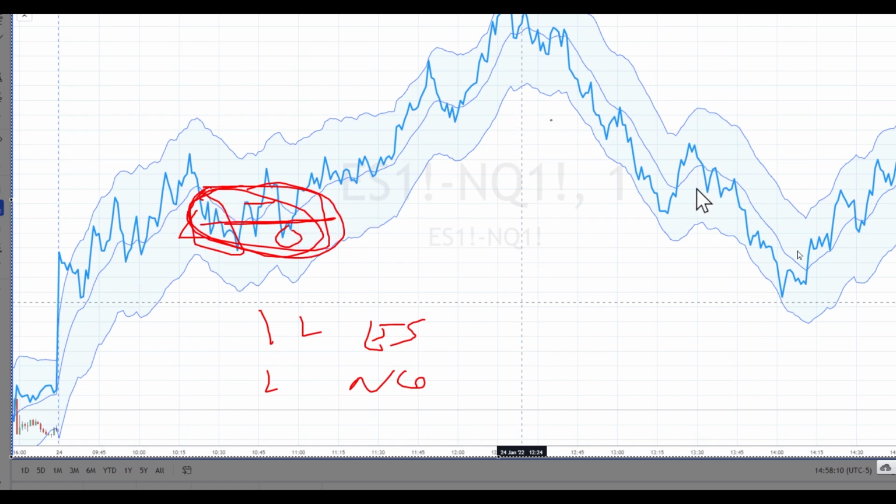Again, it wasn't very obvious in certain areas, but this area would have worked out pretty well. I know these are 1 minute candle lines, but that's where you notice how on one side you've got a market that's making a new high and then a new low in this ratio chart.